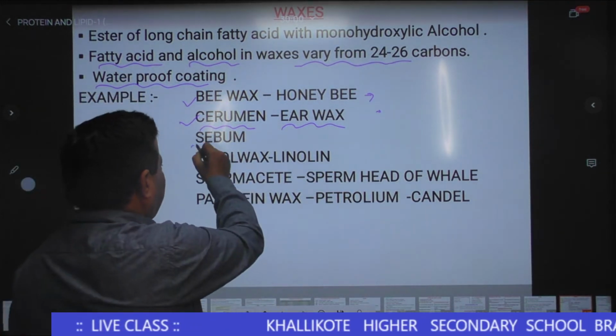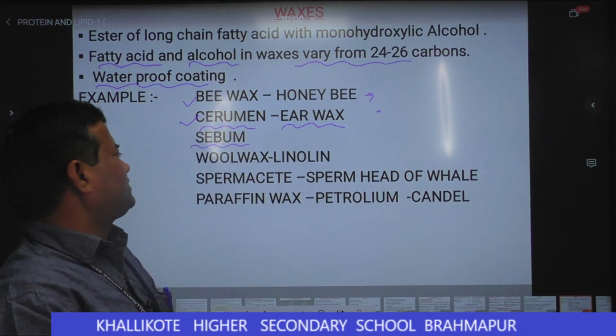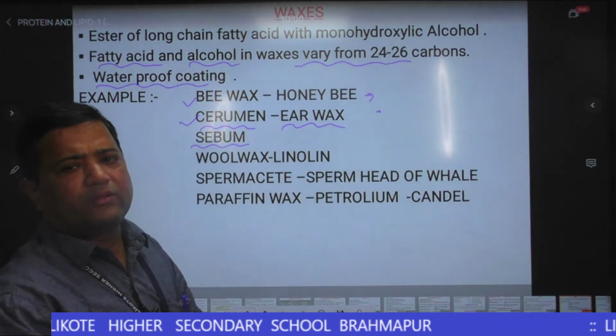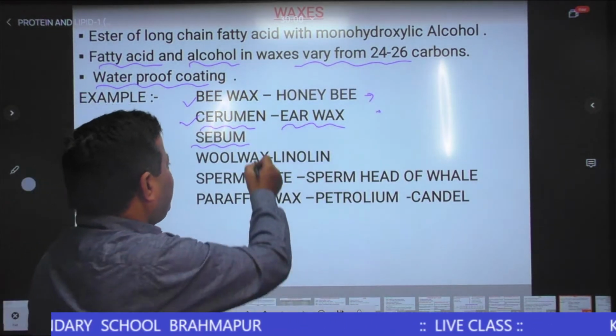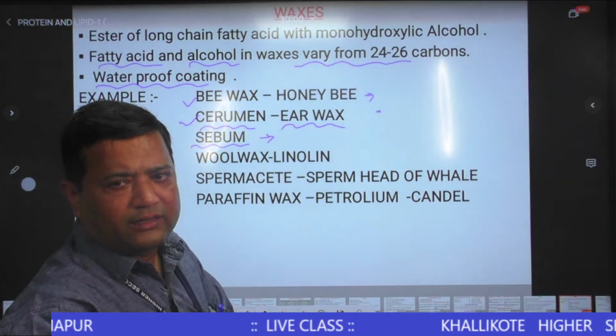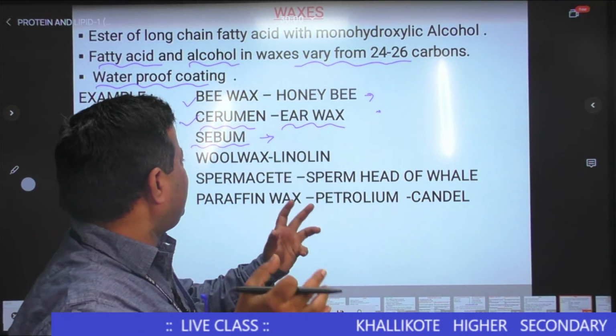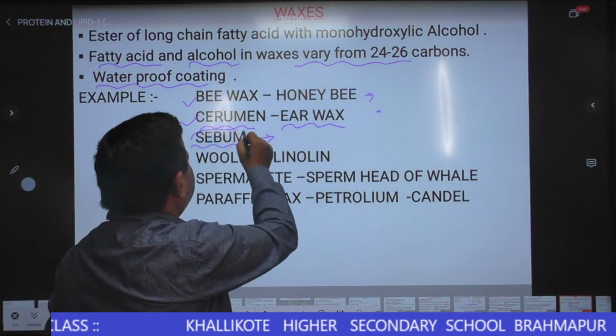Then another thing is sebum. Sebum is a waxy substance secreted from the sebaceous glands of the skin. In our skin different sebaceous glands are present. They secrete a waxy fatty substance that is called sebum.